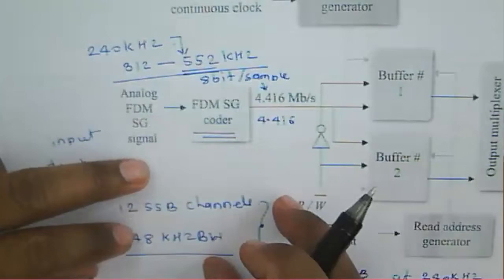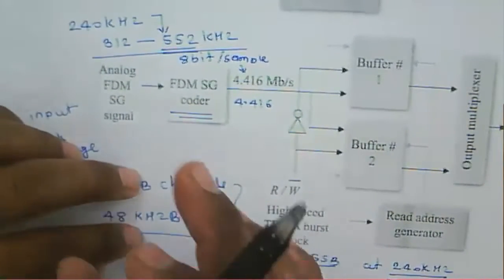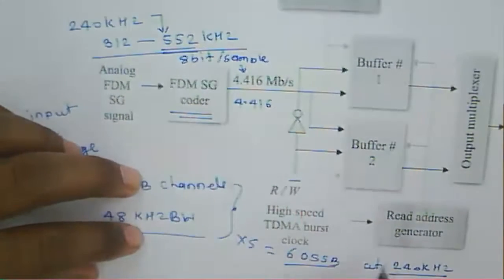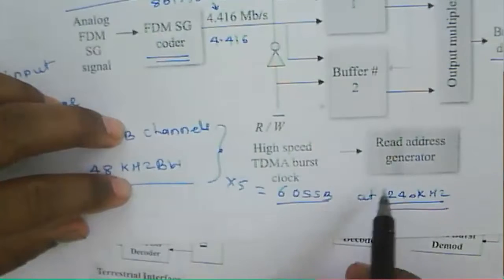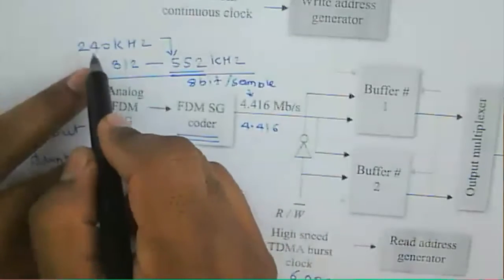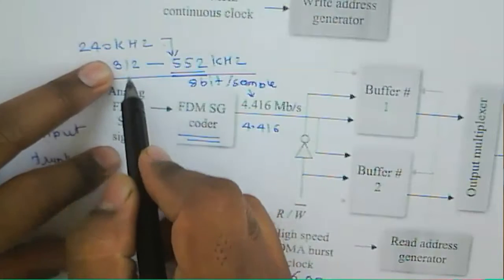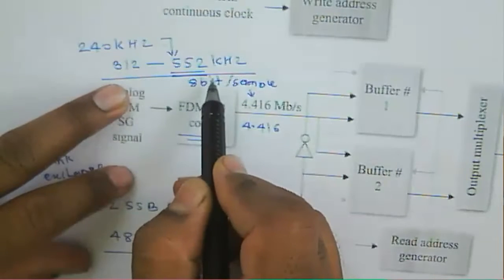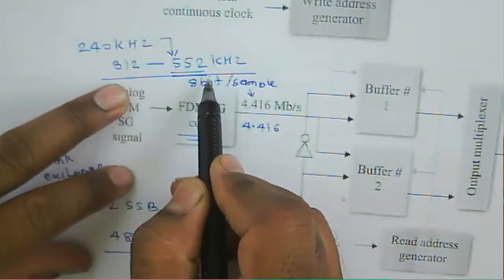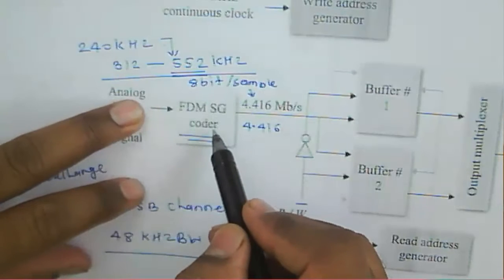So now if you see here, we say that a 12 SSB channel at 240 kilohertz means we have a 240 kilohertz signal in the frequency range of this one, and that will be digitized using a coder.